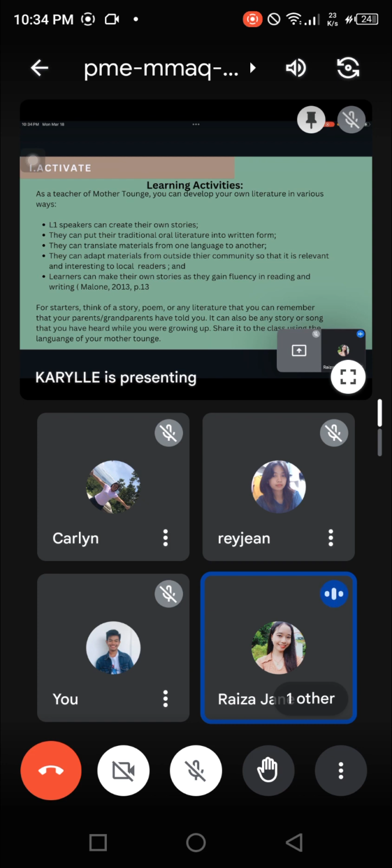Then fourth, they can publish materials in the community so that it is relevant and interesting to local readers. So like providing libraries, bookshops, and learners can make their own stories as they can gain fluency in reading and writing.